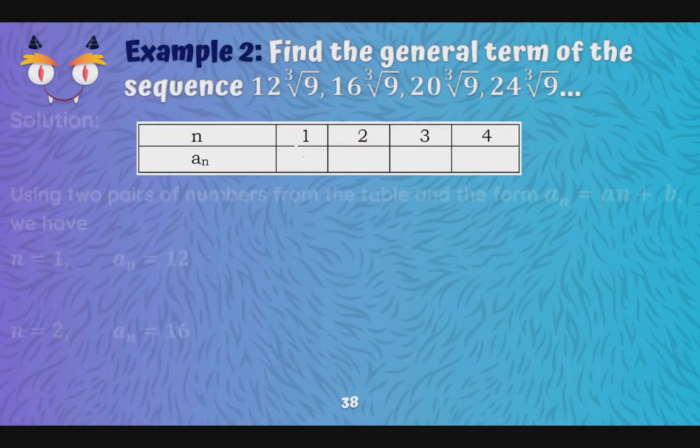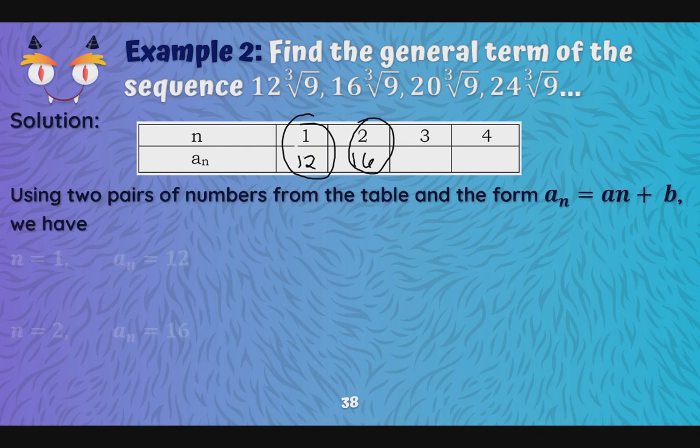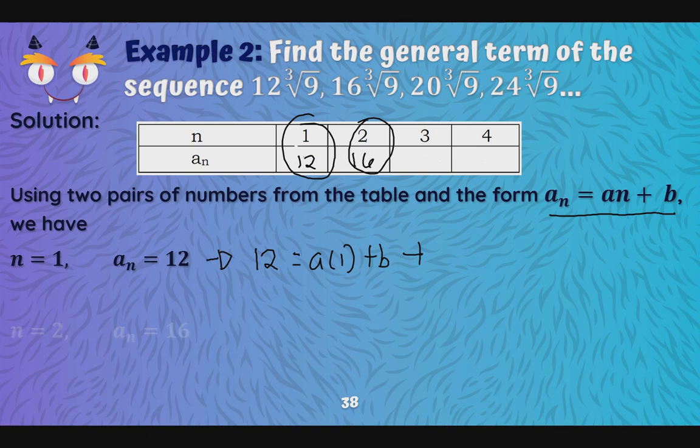So, gamitin lang natin yung unang dalawang pares natin mula sa table, which is 1 and 12 and 2 and 16. Tapos, i-substitute natin yun dito sa ating equation para magkaroon tayo ng bagong equation. Ang ating a sub n ay 12 is equal to a times n, which is 1, plus b, and let us write it as a times 1 is a, plus b is equal to 12.